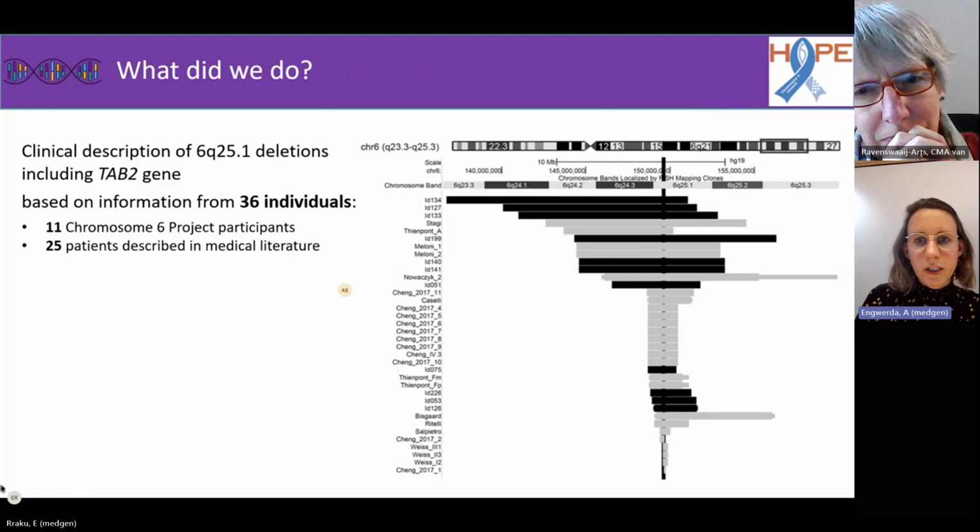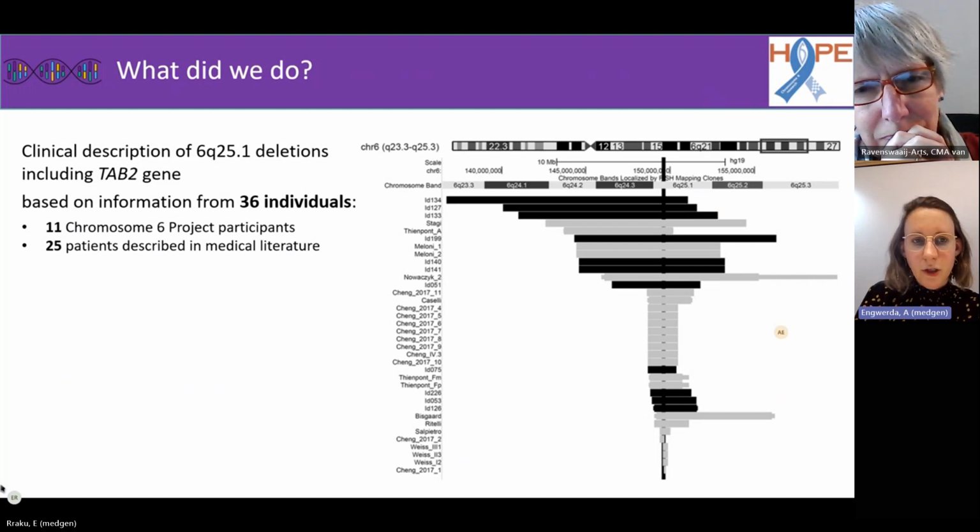These are summarized in this figure. So here again, you see the chromosome bands, and you see chromosome band 6q25.1, the region of interest. What you also see here is all the black bars and the gray bars are all deletions of all individuals.